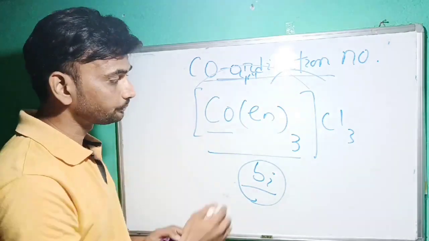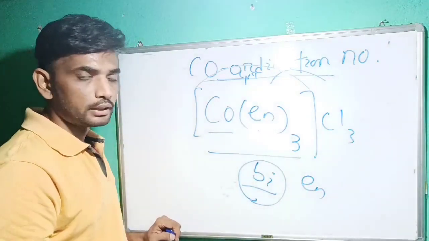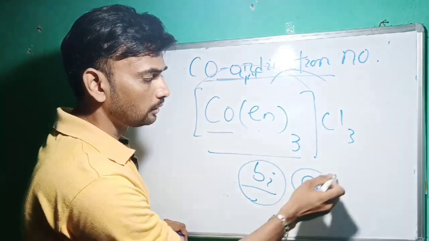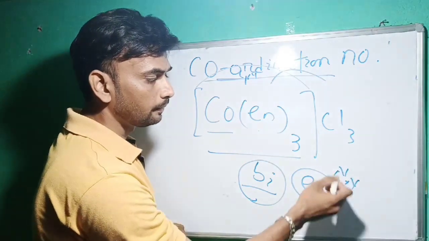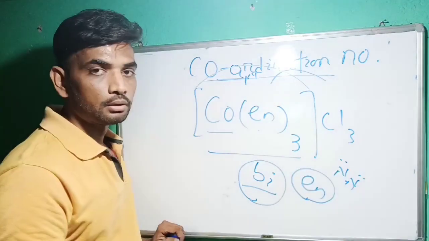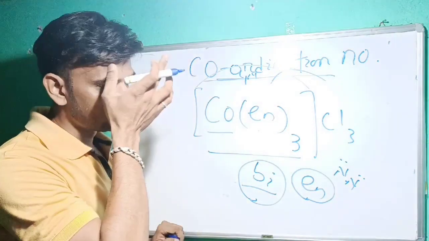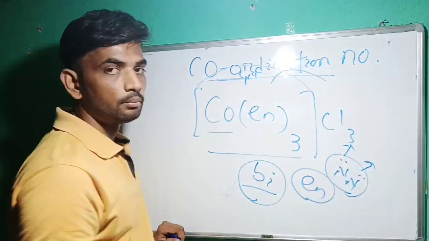You already know that one ethylenediamine contains two donor atoms. That means two nitrogens, and there are a total of 4 electrons. These 4 electrons form 2 coordinate bonds.